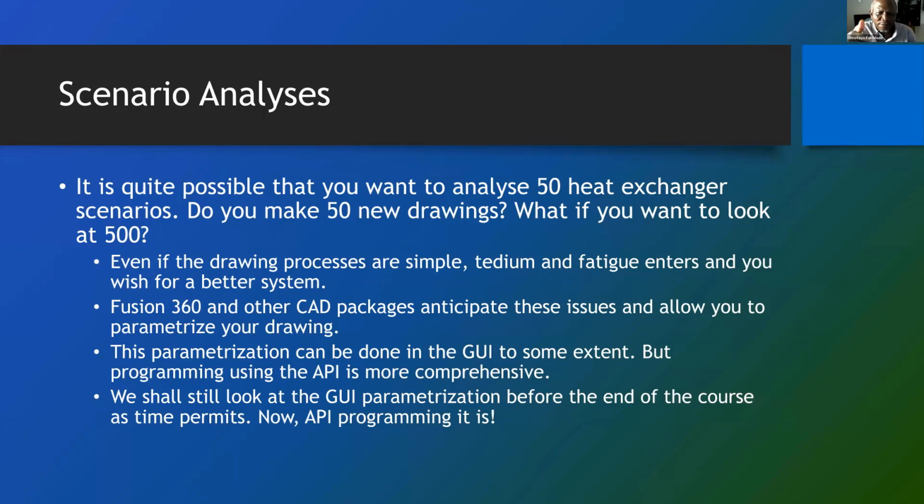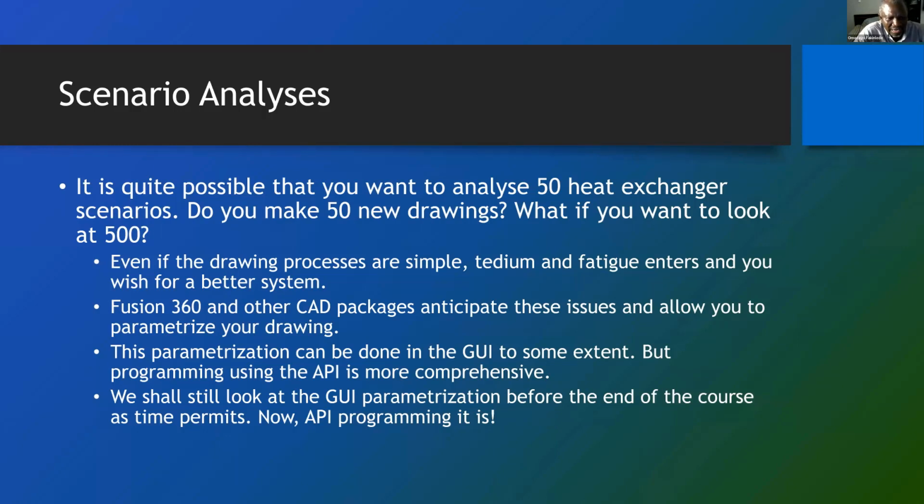If you want to analyze 50 heat exchanger scenarios, are you going to draw 50 new ones? Even when it is a simple drawing, when you begin to draw 50, you can see how laborious and tedious it becomes. What if you want to look at 500? By that time, you can see that using the manual way to be changing that becomes almost impossible. Even if the drawing processes are simple, tedium and fatigue will enter, and you wish for a better system.